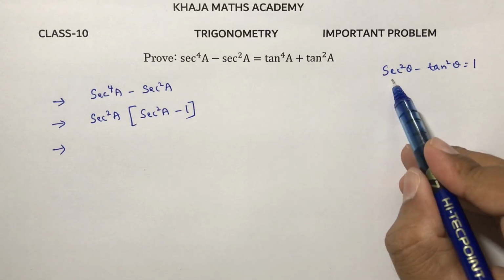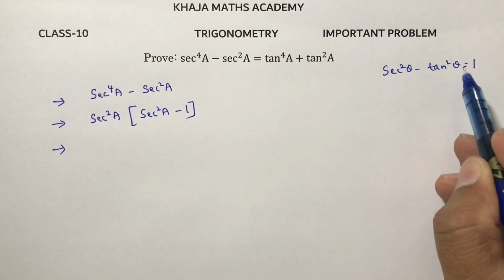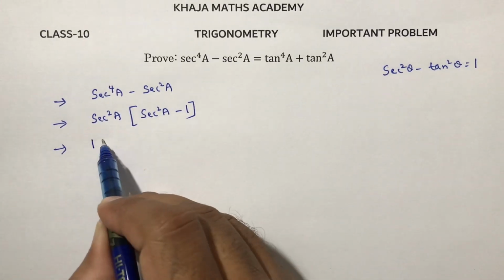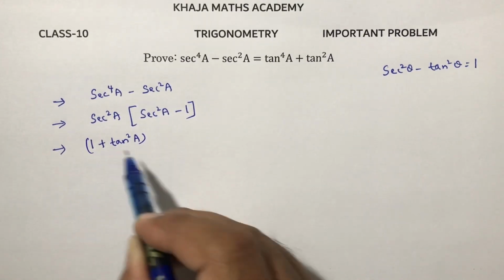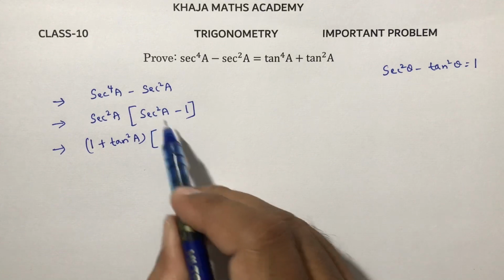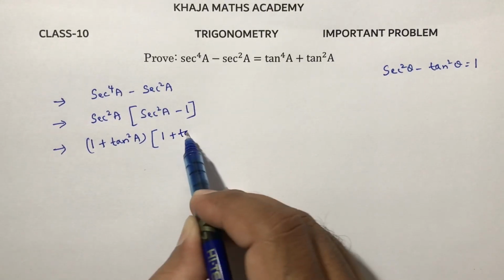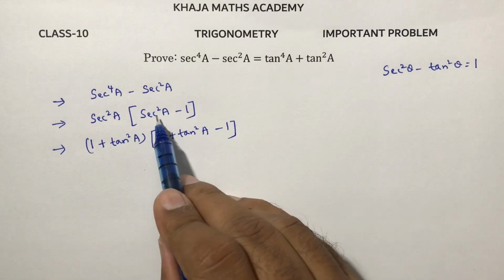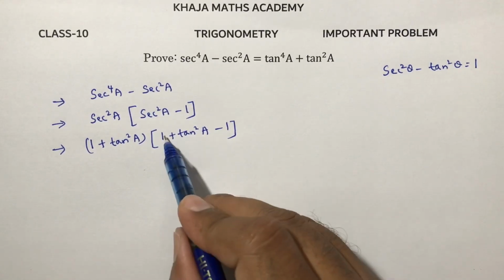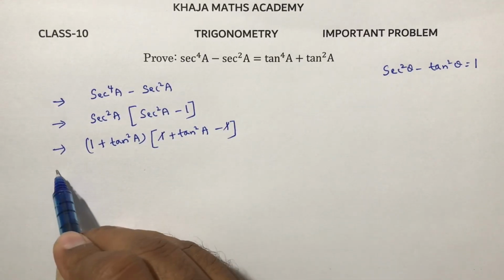So from here, what is sec square theta? Sec square theta is 1 plus tan square theta. So here it will become 1 plus tan square a. And sec square a minus 1 is nothing but 1 plus tan square a minus 1, or directly you can write sec square minus 1 is tan square. 1 minus 1 cancel.